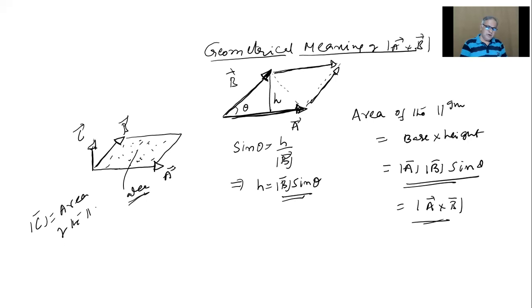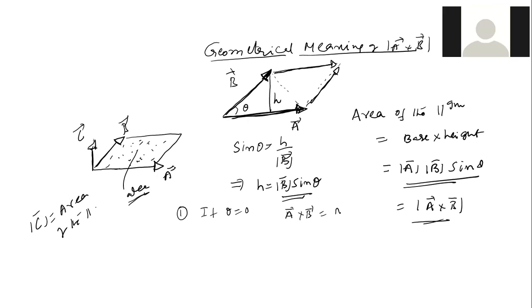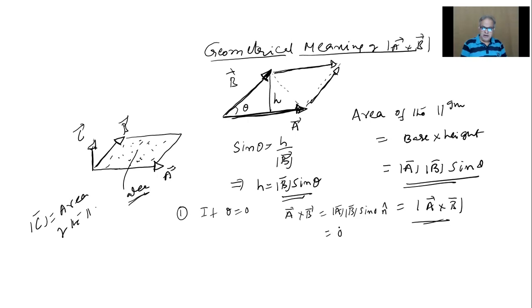All right. So we can check the properties or the cases of that. If theta equals 0, tell me, A cross B equals mod A mod B sine 0 into n cap, which is 0 cap, or mod of A cross B equals 0.